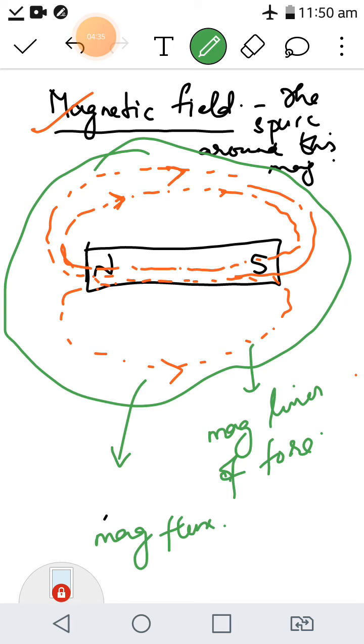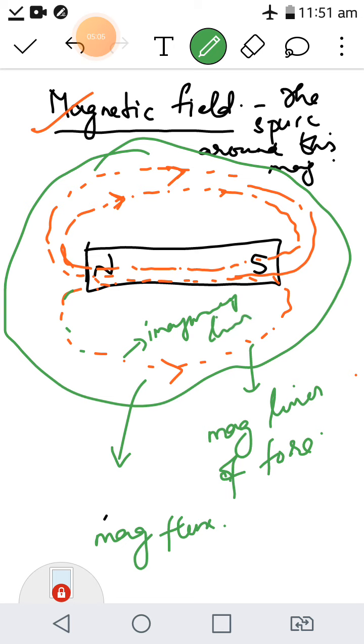So these are the general terms that we need to understand. Once again, the magnetic field means the space around this magnet, and we can see the magnetic lines from north to south, aligned in this way, and this collection of lines we normally call the magnetic flux. And you have to understand that these magnetic lines are not physical lines, these are purely imaginary lines.